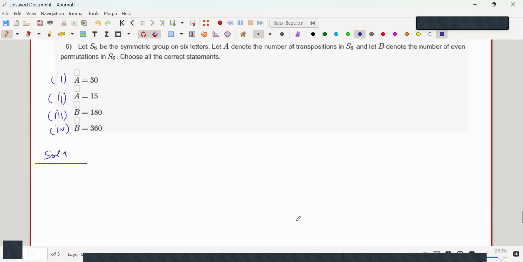So I divide the number of permutations by 2. So I get 6 times 5 by 2, which is 15. Or we can say that you are just choosing two from six, right? Combination. So it's 6C2, right? Just give me a second.